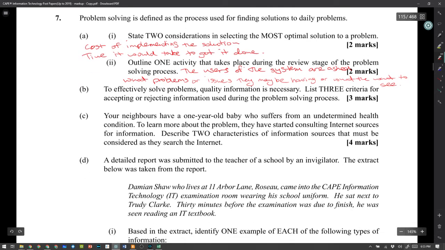To effectively solve problems, quality information is necessary. There are 3 criteria for accepting or rejecting information used during the problem solving process.